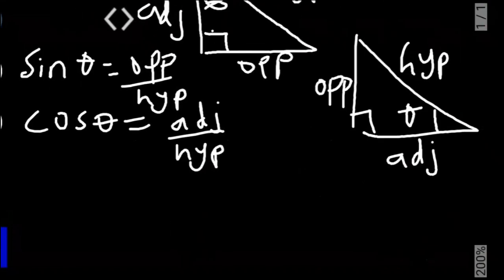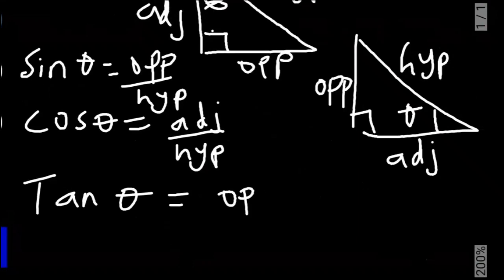And tan theta is equal to opposite over adjacent sides. So if you get these facts correctly, the derivation of these special angles is going to be very easy.